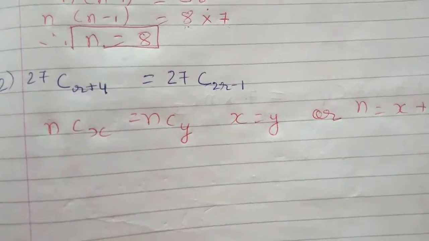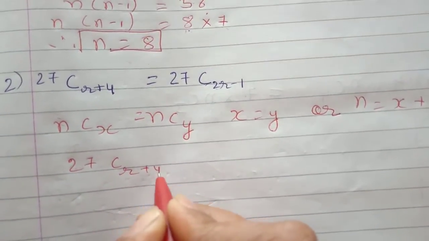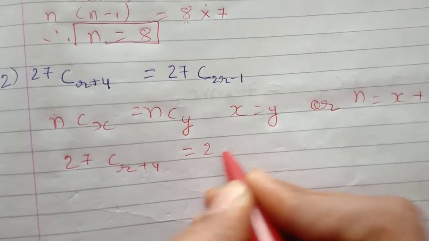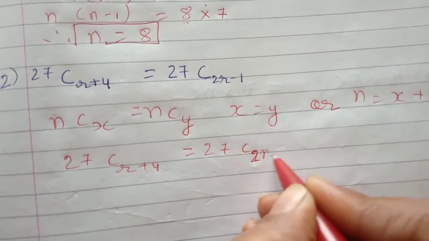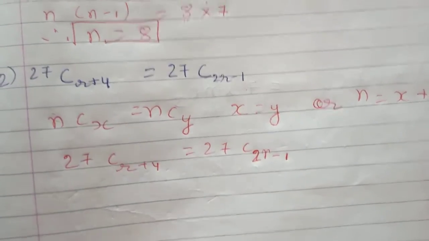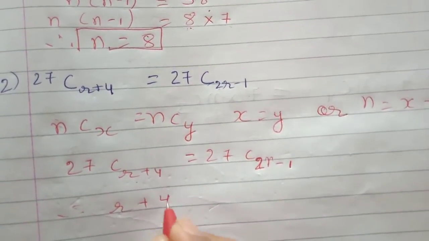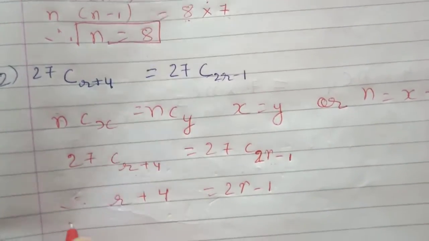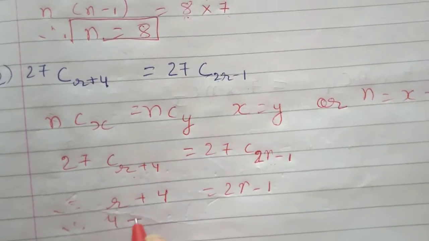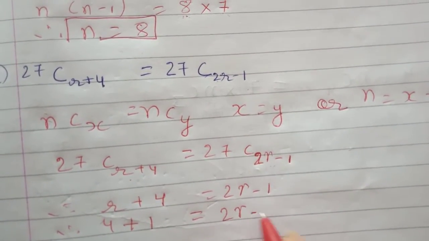So in the same way if we solve this, that is 27C(r plus 4) is equal to 27C(2r minus 1).